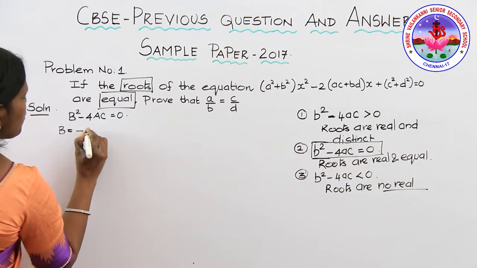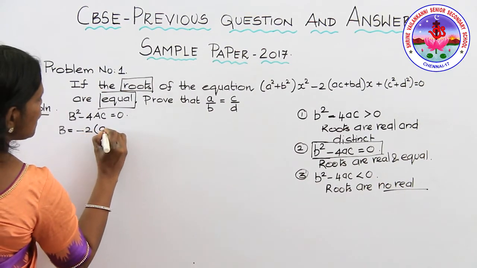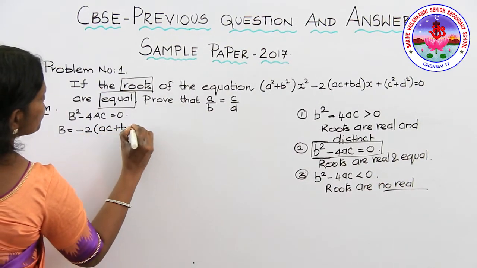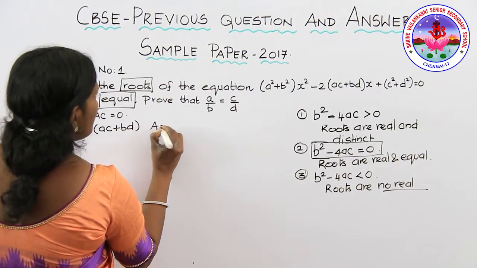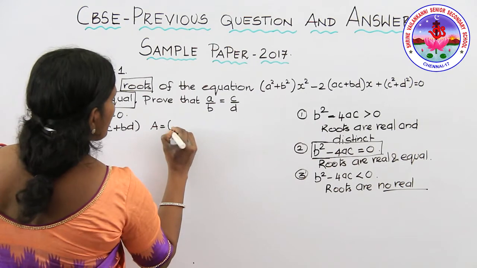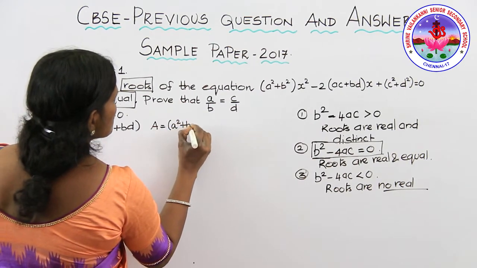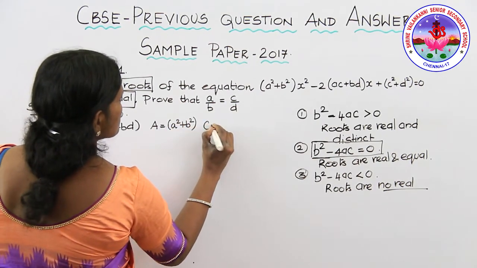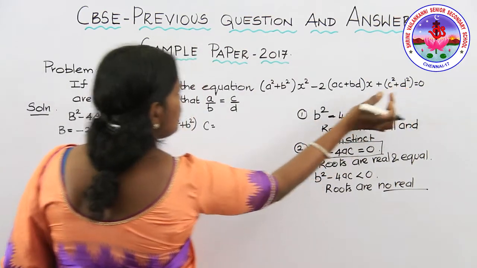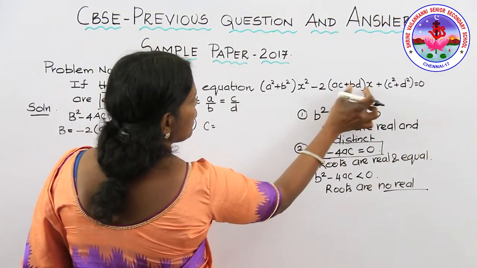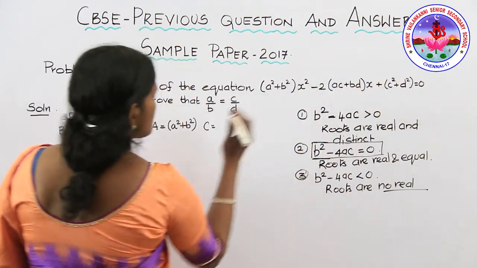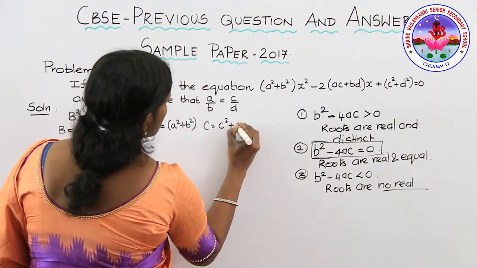Along with the sign, you have to take minus 2 into (AC plus BD). Capital A, the coefficient of x squared, is a squared plus b squared. Now C, the constant term, is without x: you have the x squared coefficient A, the x coefficient B, and the constant C. So C is c squared plus d squared.